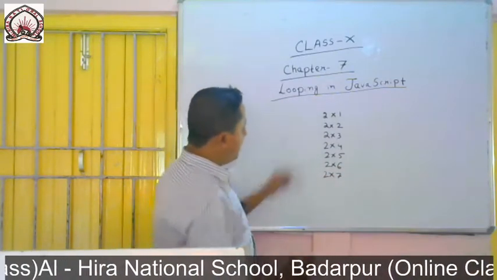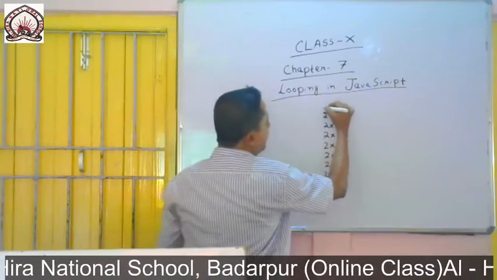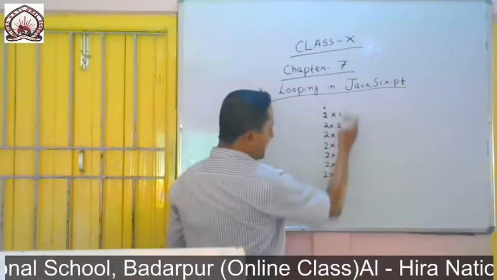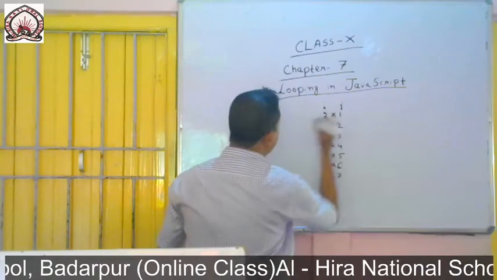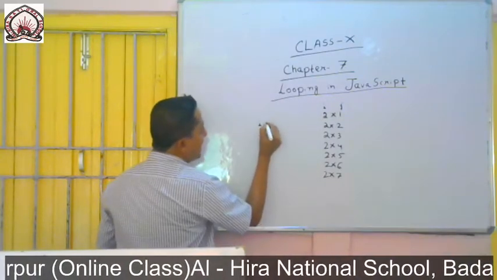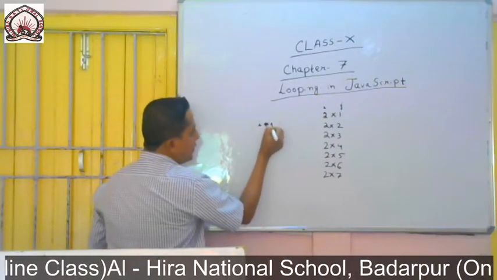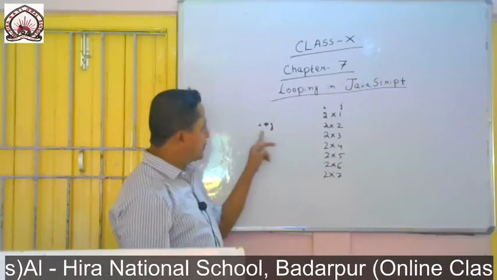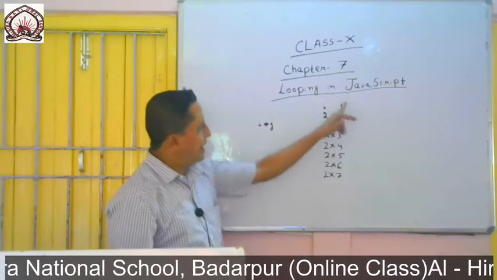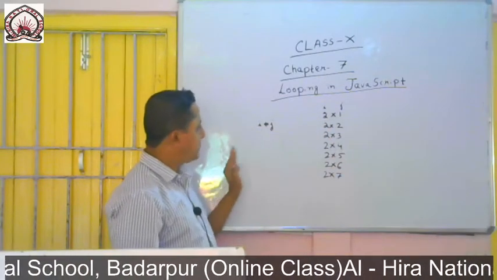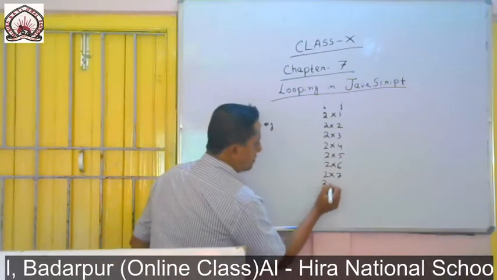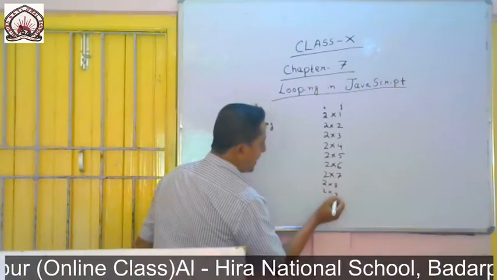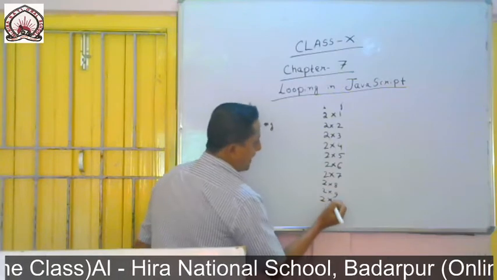Here, if I take this part as the variable i and this part as variable j, it is i into j. Let me complete it: 2 into 8, 2 into 9, 2 into 10.